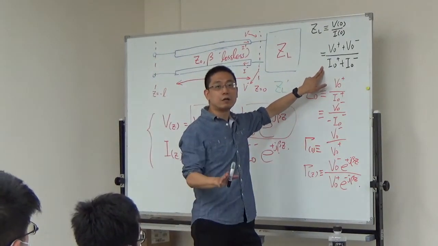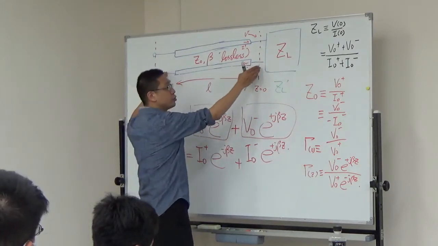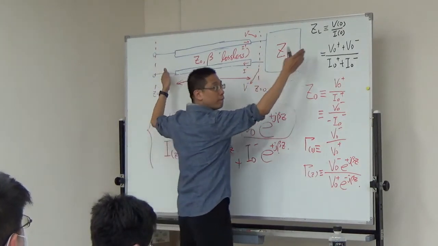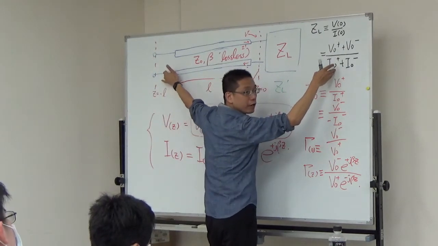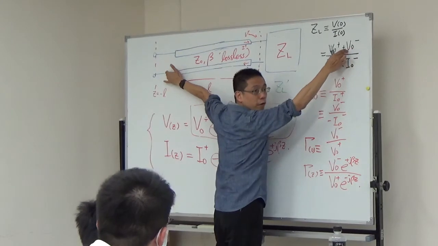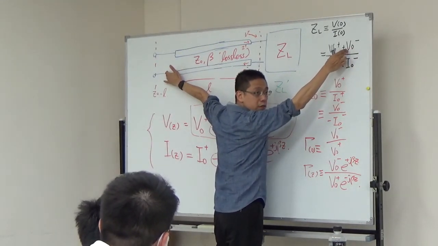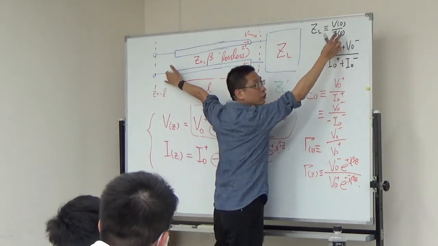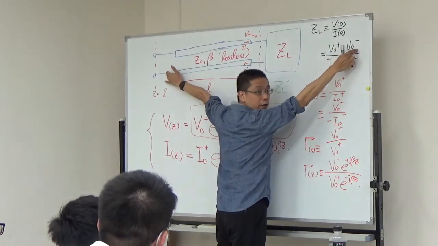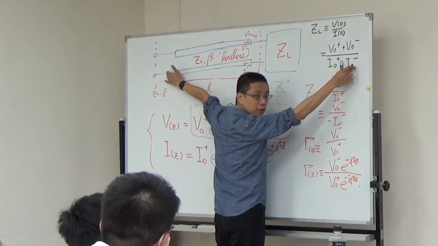At this point on your transmission line, your voltage divided by your total current. This is your total voltage because your position Z equals 0, so your total voltage is this one. And this is your total current.